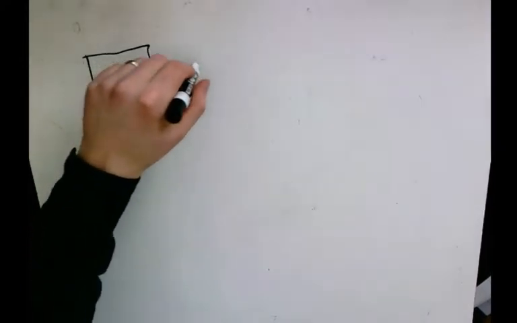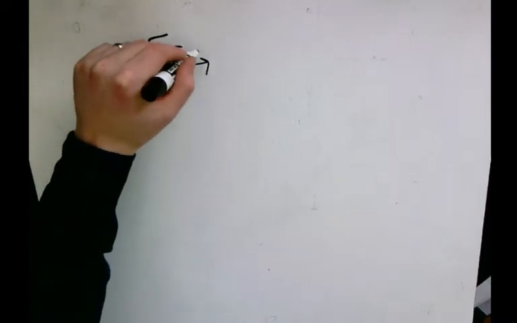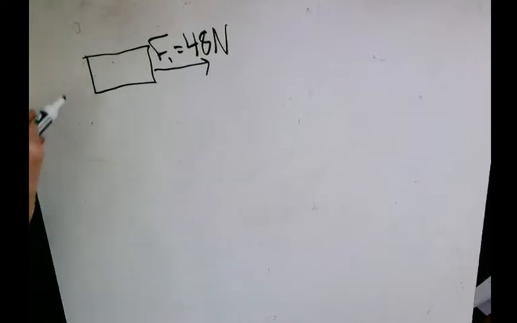Alright, so let's start by drawing out our box, our object. A free body diagram or a force diagram. We know we have 48 newtons to the right. We'll call that F1. We have this unknown force to the left, F2. That's what we're trying to solve for.